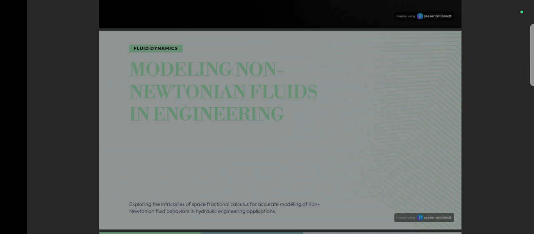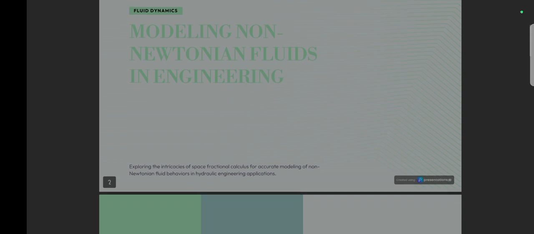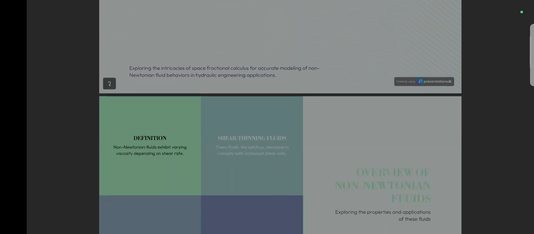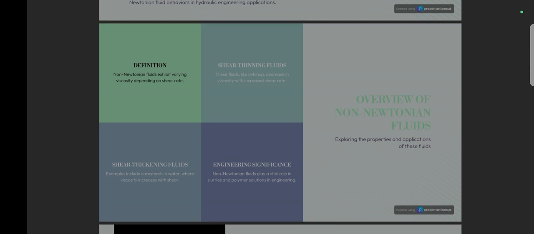The application of fractional derivatives in the modeling of non-Newtonian fluid flow is particularly useful for fluids that exhibit viscoelasticity like polymer solutions and rheological complexities like shear thinning or shear thickening.